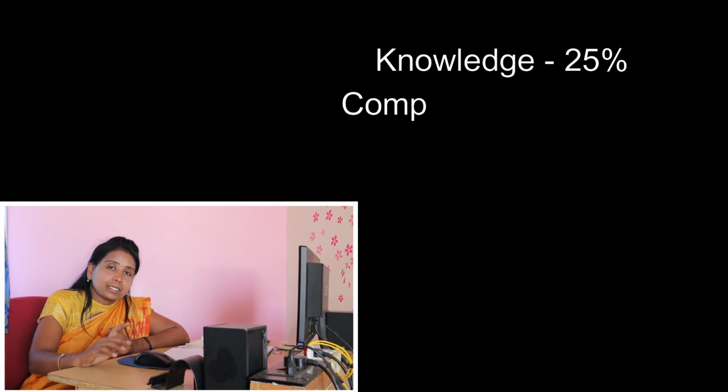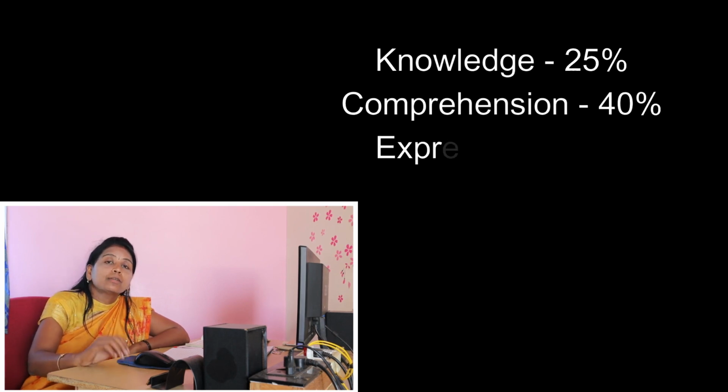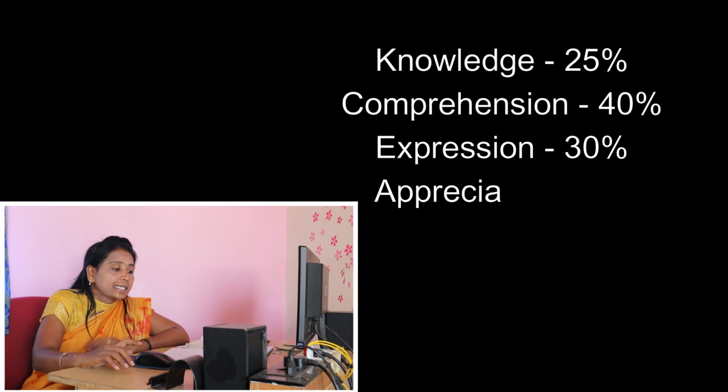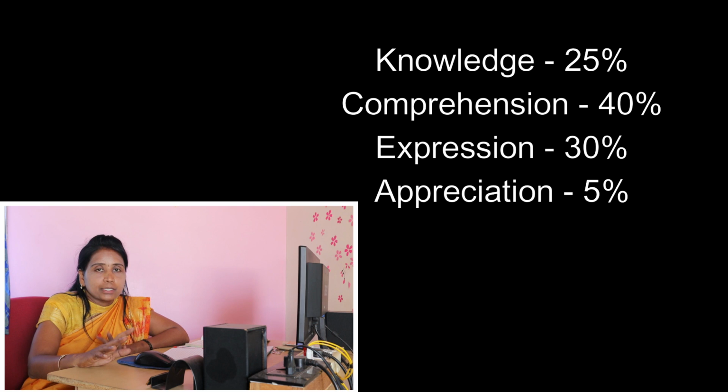We have to follow the 10 steps while preparing a question paper. First one is weightage to objectives. We have to design our question paper according to the weightage to objectives: knowledge 25%, comprehension 40%, expression 30%, and appreciation 5%.